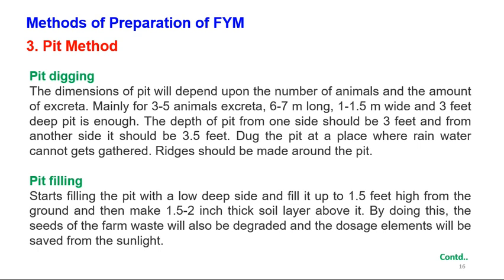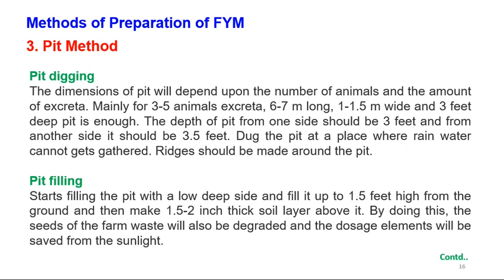Now, how is pit digging done? The dimensions of the pit will depend upon the number of animals and the amount of excreta. Mainly for the excreta of 3 to 5 animals, 6 to 7 meters long, 1 to 1.5 meters wide and 3 feet deep is enough.